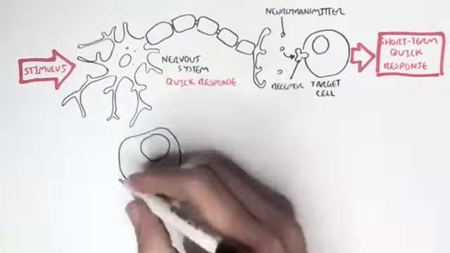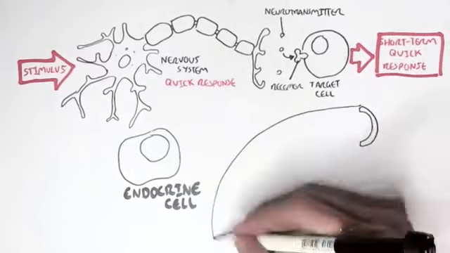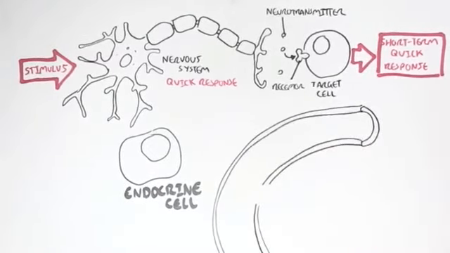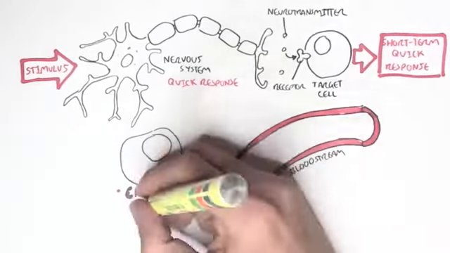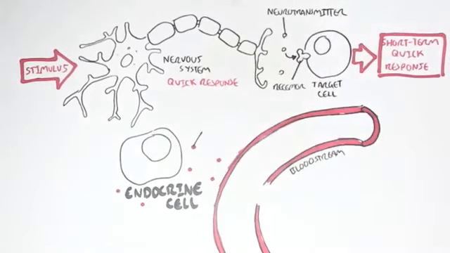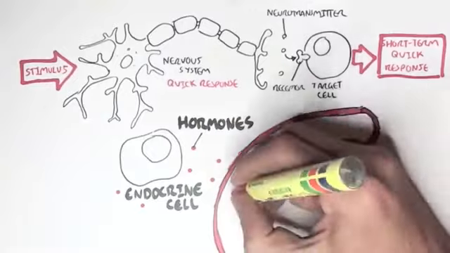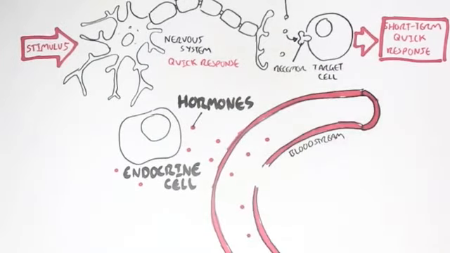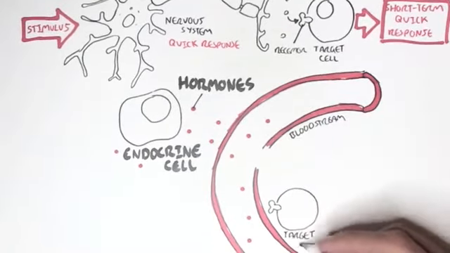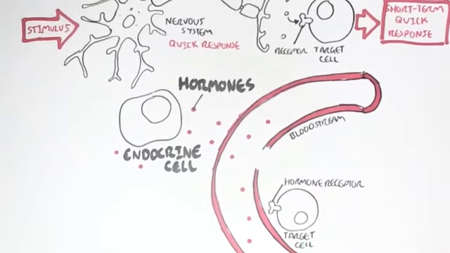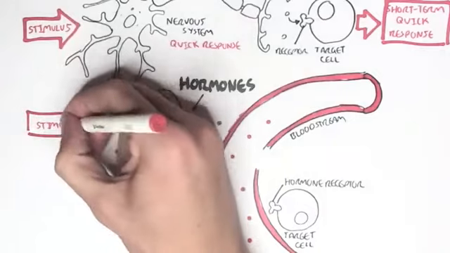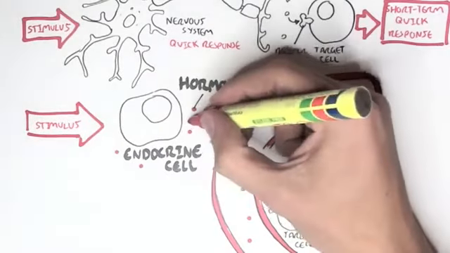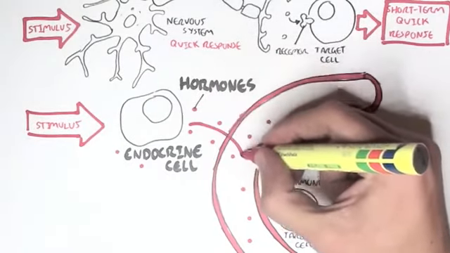Now, the endocrine system, on the other hand, will send signals not via neurotransmitters but through hormones. And these hormones will travel via the bloodstream, where they will then target a cell and its specific receptors. So what happens with an endocrine cell is that when a stimulus or command comes, this will stimulate the endocrine cell to secrete hormones into the bloodstream, like so.